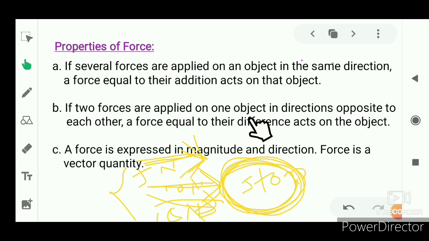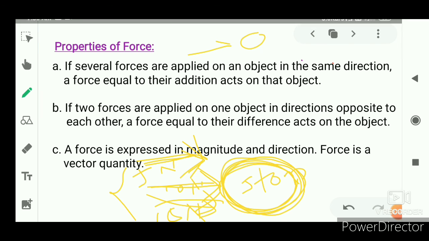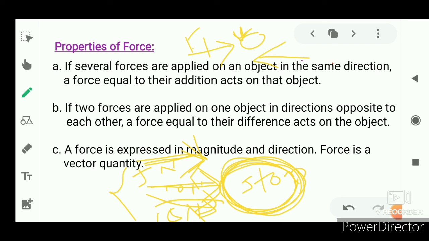If the forces are applying on the object in opposite directions, for example, this is our stone and one person is pushing it in this direction and one person is pushing it in this direction, the net force acting on this object is equal to the difference of the two. That's written here. If two forces are acting on the object in opposite directions, then the net force is equal to the difference of the forces.